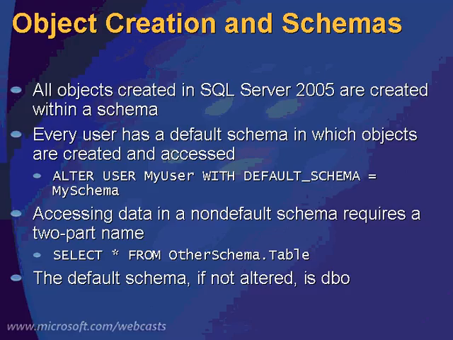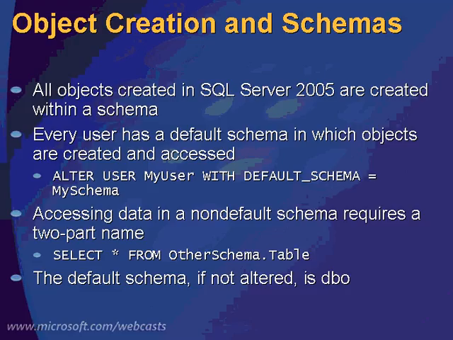So the way we work with schemas is, first of all, you should note that everything in SQL Server 2005 belongs to a schema. This is totally different than SQL Server 2000, where everything was owned by an owner. I'll get into ownership in just a minute, but in 2005, everything's in a schema rather than necessarily owned by an owner. So every user has a default schema, and for most users, that's DBO.